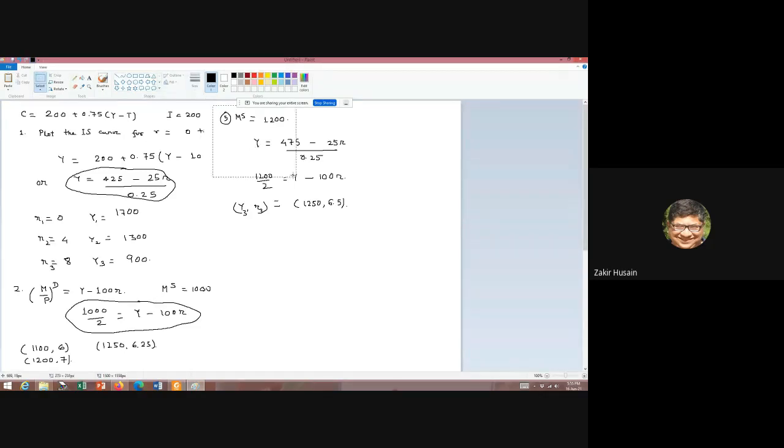Now, next is price is 4, and you have to use these models, these equations.